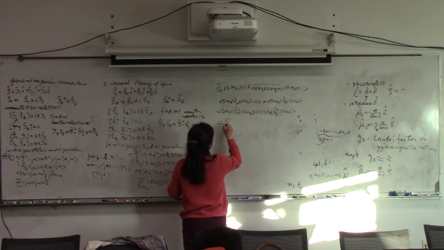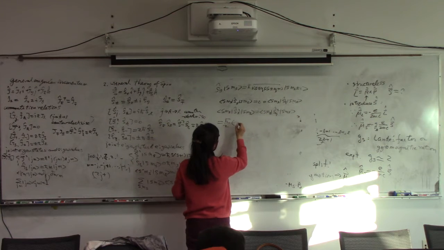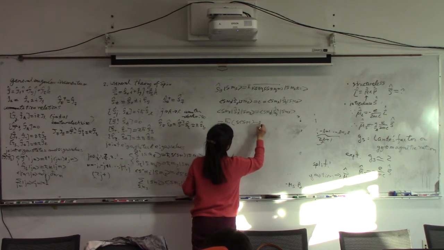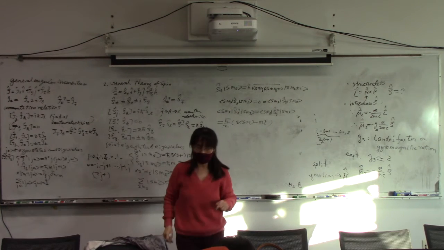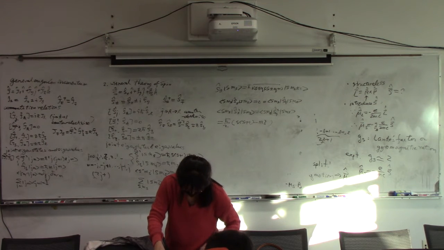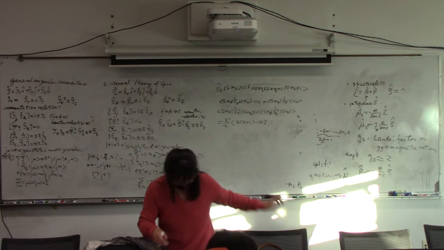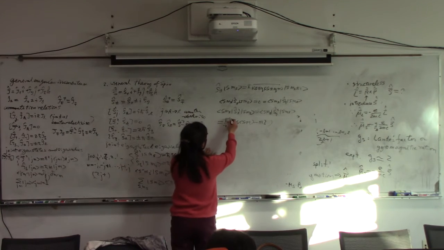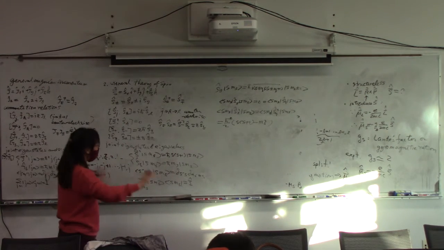Remember that is half h bar s plus 1 minus ms square. Let's follow the similar for the z. Okay, so those all are the same.